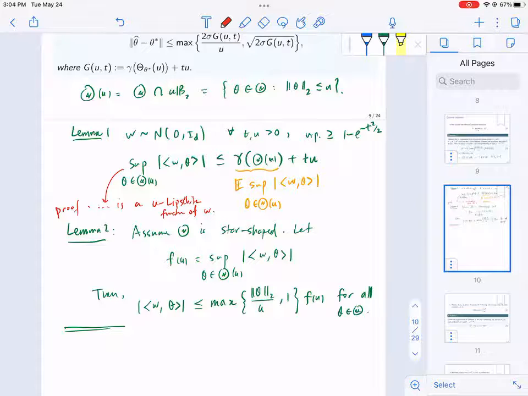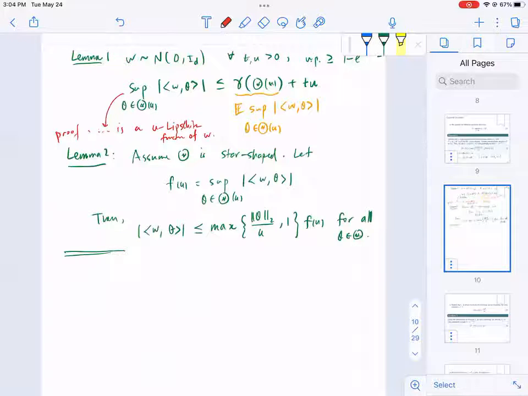You want to show that the difference is bounded by u times the norm of W minus W prime. If you have this, then it follows from concentration of Lipschitz functions of Gaussians, one of the most powerful results in concentration. That's for you to verify. Lemma 2, how should we show lemma 2?